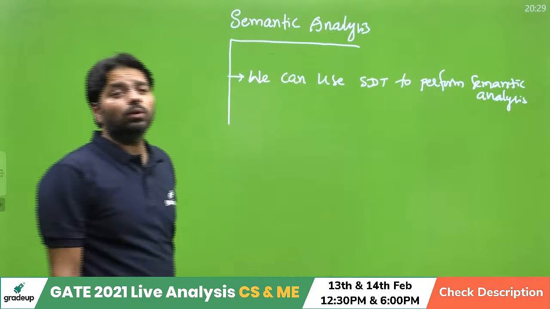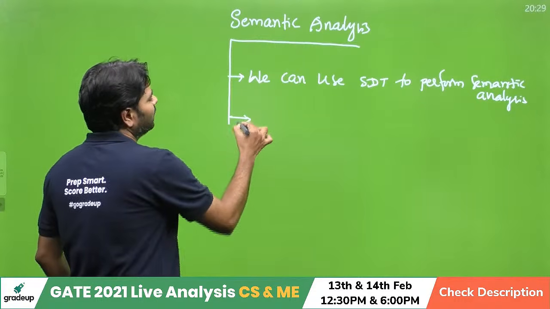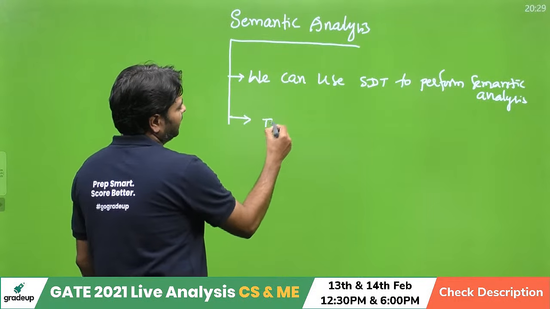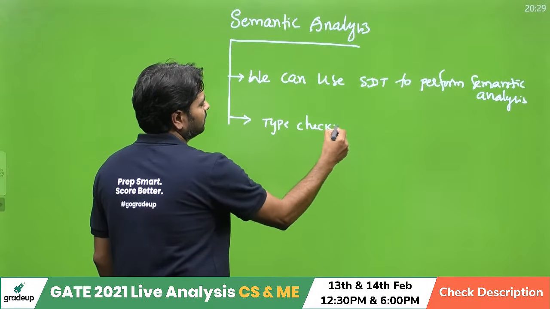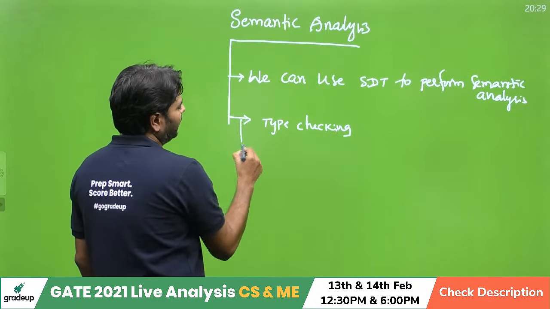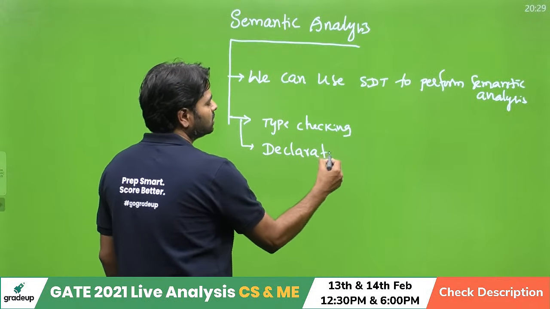You can even use linear bounded automata for that. Examples include type checking of expressions, or declaration of variables and their use.